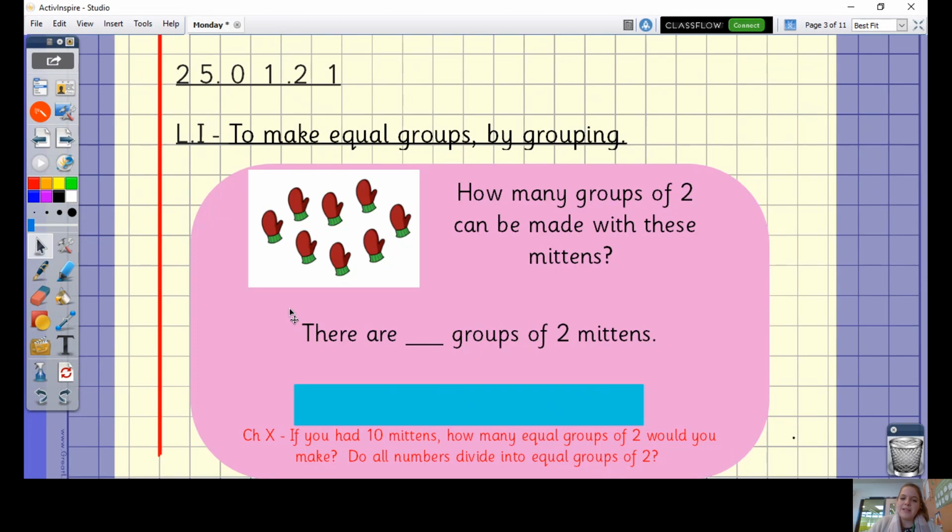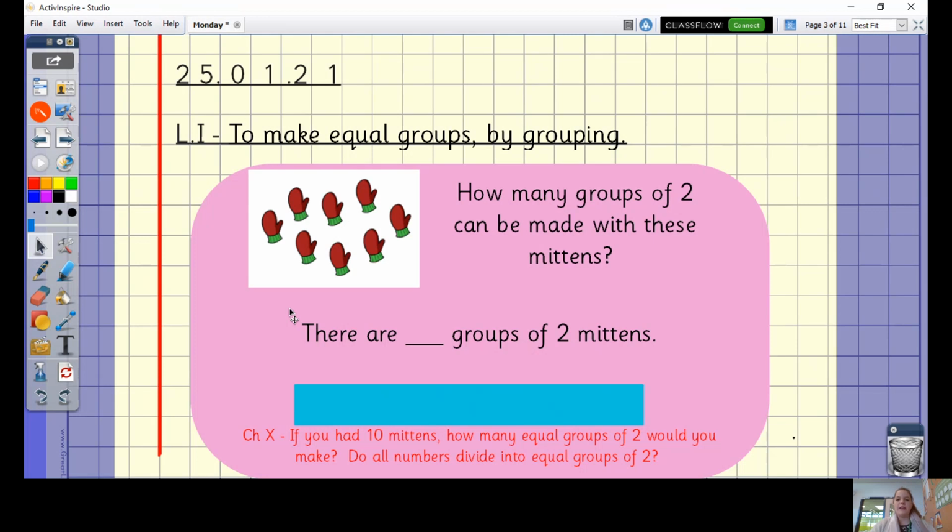Here we've got some mittens. I want to know how many groups of 2 can be made with these mittens. We need to start by looking at how many mittens there are. You might want to represent those mittens at home using objects, such as gloves, or whatever you want to represent them with.